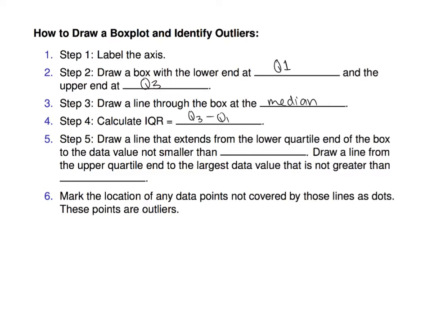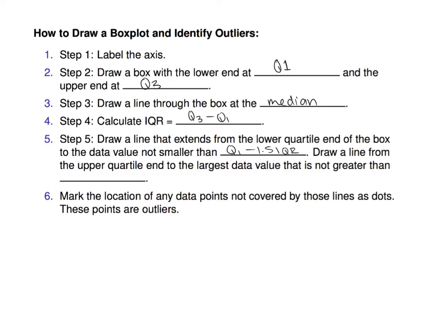And this is how you're going to determine if a number is different enough that we're going to call it an outlier. You draw a line that extends from the lower quartile end of the box to the data value that's not smaller than Q1 minus 1.5 times that interquartile range.